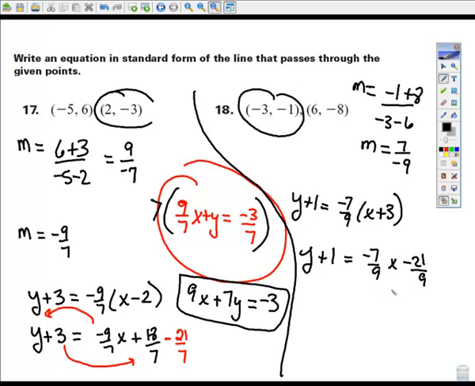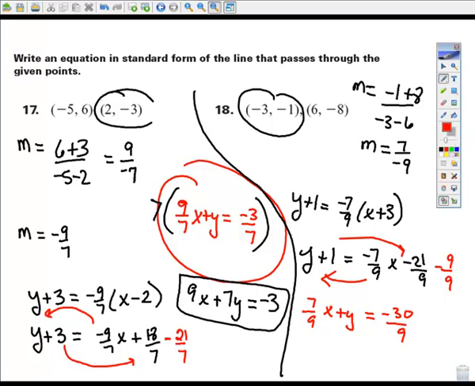We can talk about simplifying that in a bit. I want to move this here and this here, so that's going to give me a positive 7 ninths x plus y equals, I'm going to subtract 9 ninths because I'm subtracting one whole, so that's negative 30 ninths.